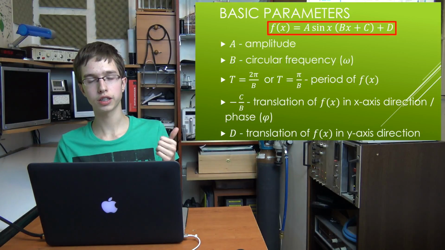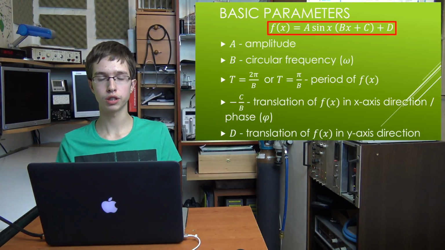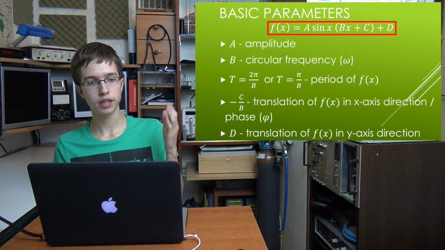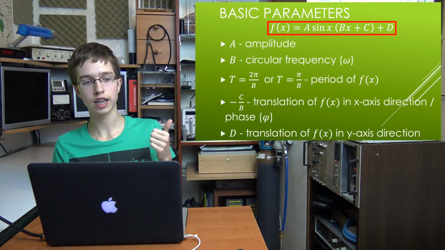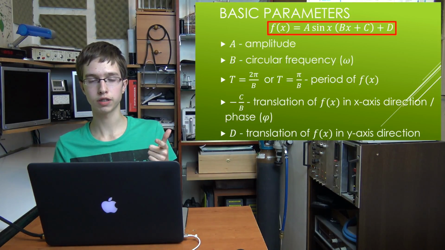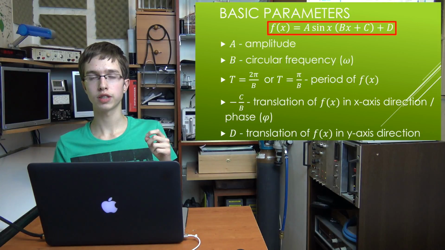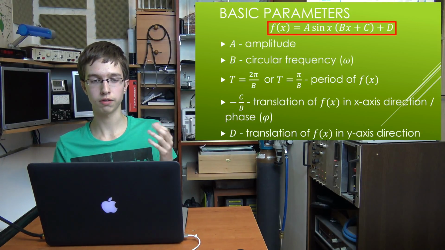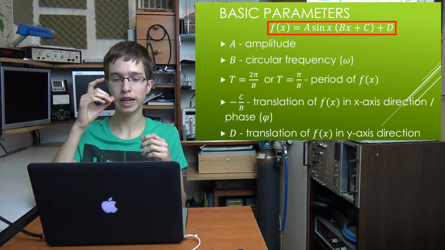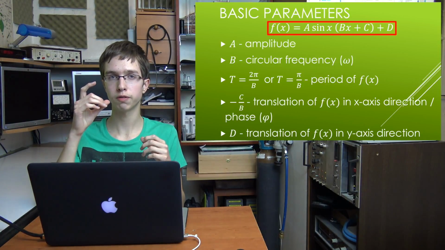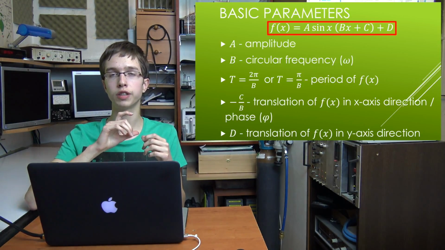Here we have a general expression for all trigonometric functions, with some parameters like a, b, c, and d. A is the amplitude, b is the circular frequency, also marked with omega. T is the period of the trigonometric function f of x, which is the proportion of the basic period of that trigonometric function and the circular frequency.